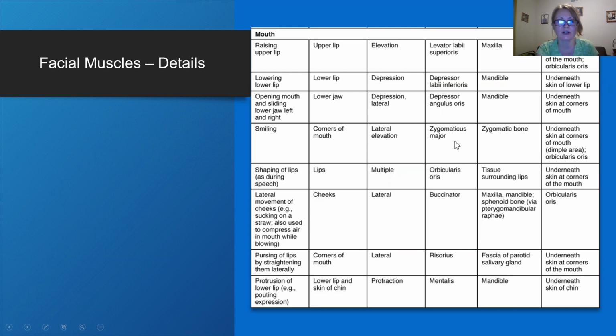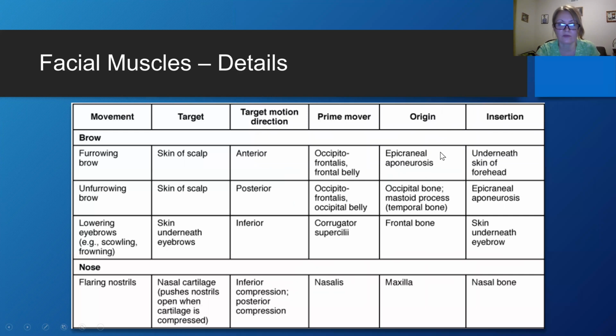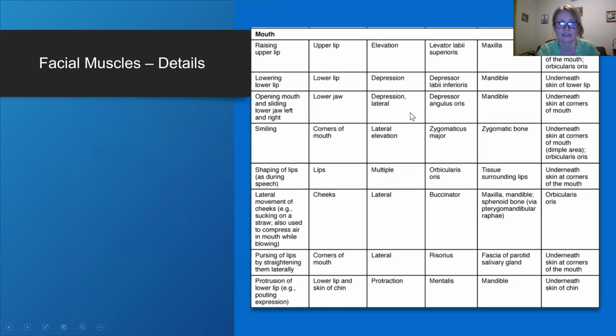Zygomaticus major is the action in smiling, and it pulls the corners of your mouth up, right? Now you also see how we have origin and insertion over here. The origin is the zygomatic bone and the insertion will be the corners of the mouth, that's skin, because you always pull the insertion towards the origin.